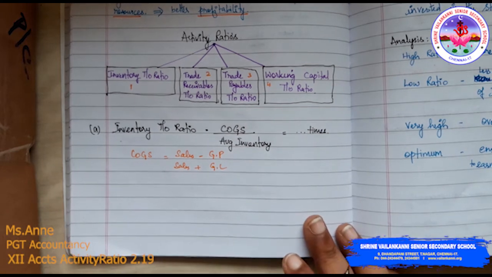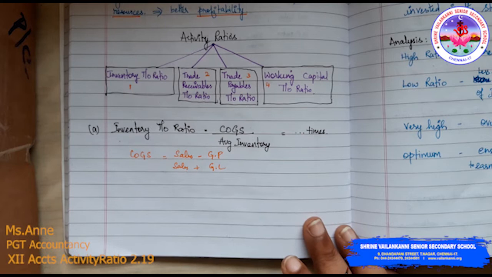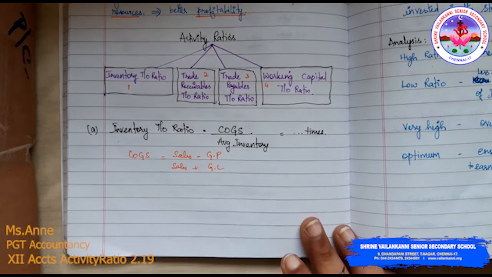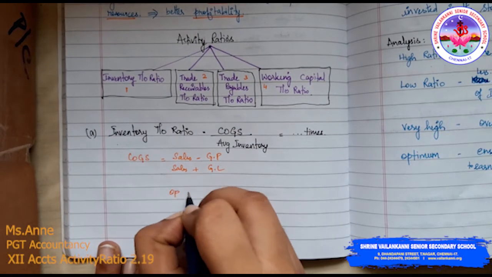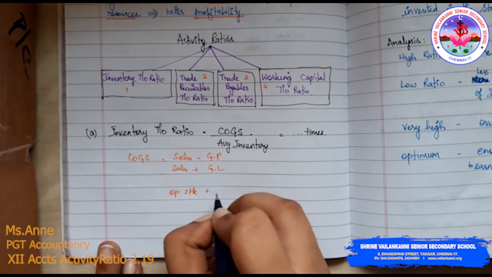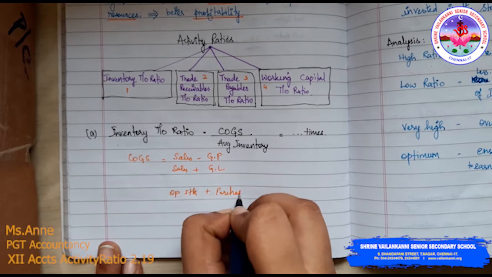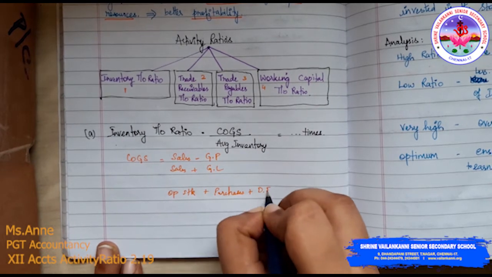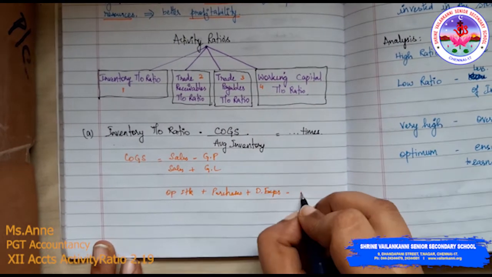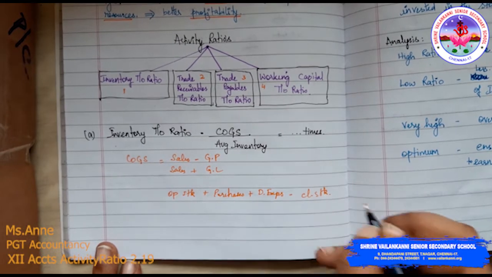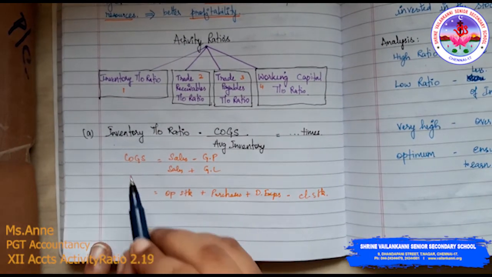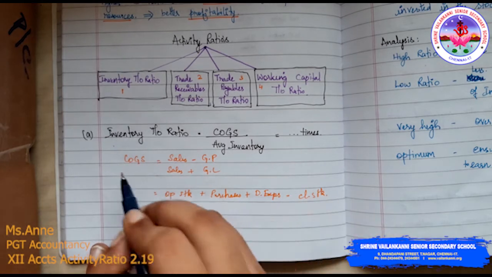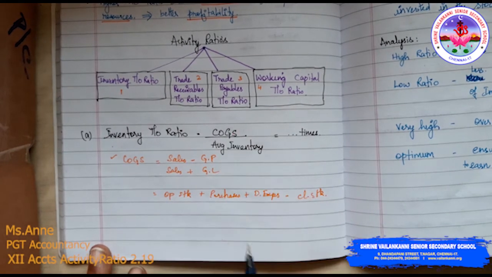So you need to be thorough with those ratios as well. Cost of goods sold, as you remember, we have this formula: opening stock plus purchases plus direct expenses minus closing stock will give you cost of goods sold.